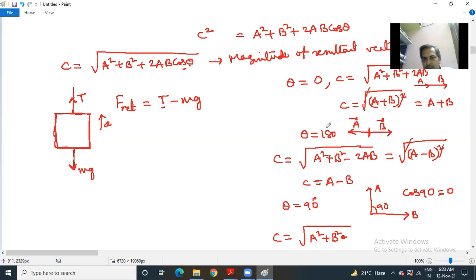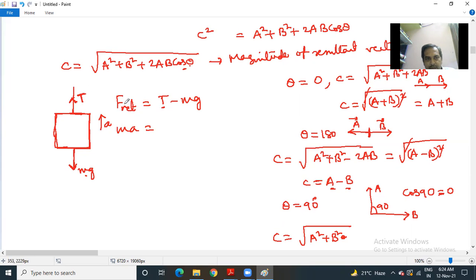So coming to here, how this is connected to parallelogram means, when two vectors are acting in opposite direction, here tension is acting opposite to mg. So therefore letters may be different, but it is the consequence of parallelogram only. So here you can say net tension provides acceleration.